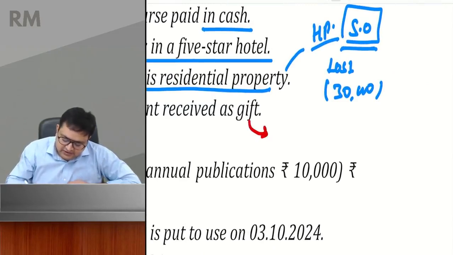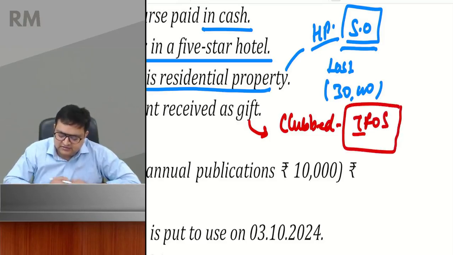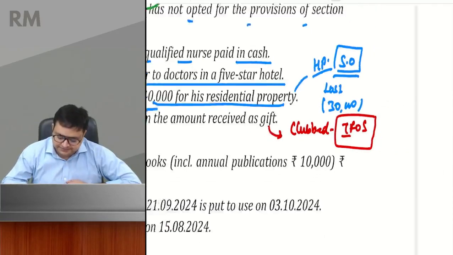So 10,000 would be clubbed over here. And if nothing is mentioned, she has earned some interest income or any other thing, I will make it IFOS income. It would be clubbed in the head of IFOS. Everybody is okay with it. So he has given this to his daughter-in-law. Daughter-in-law means son's wife. So this income would be clubbed. All okay with it? 10,000 will become his IFOS income.